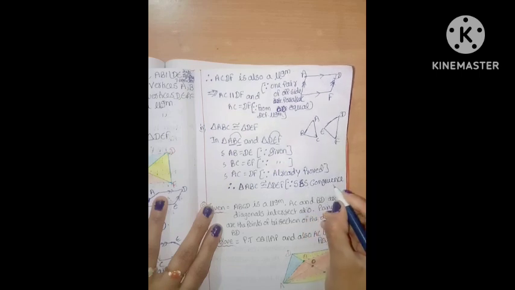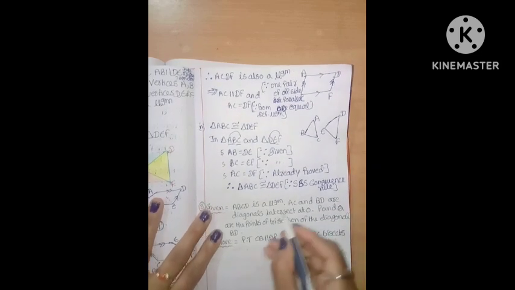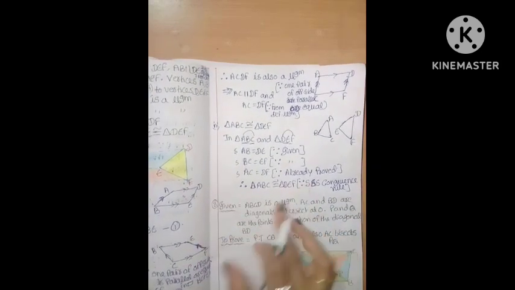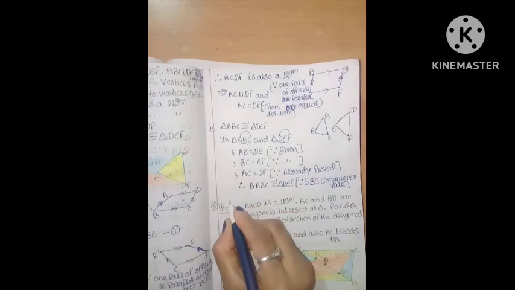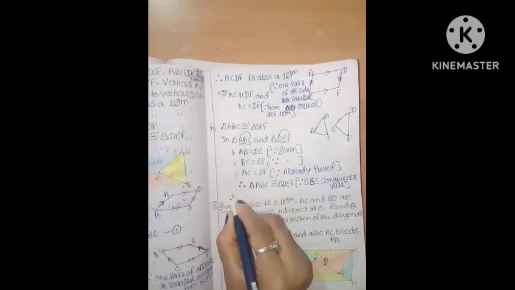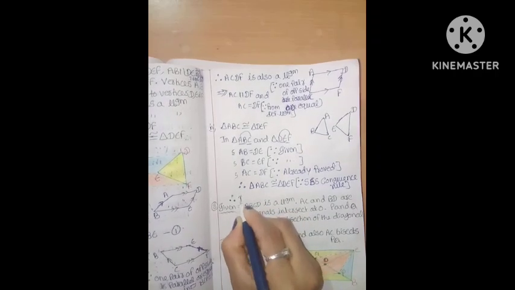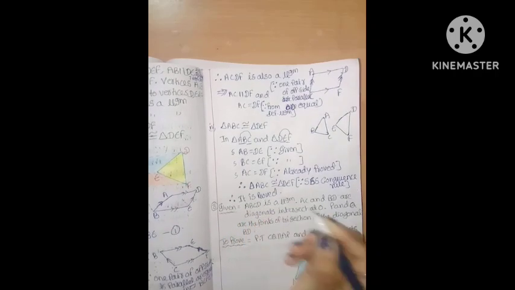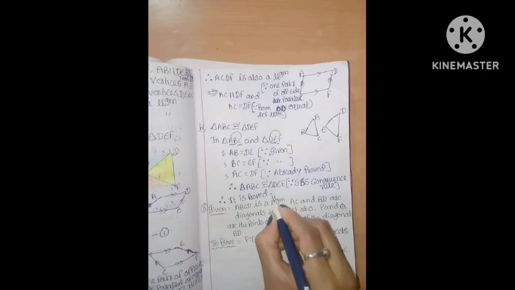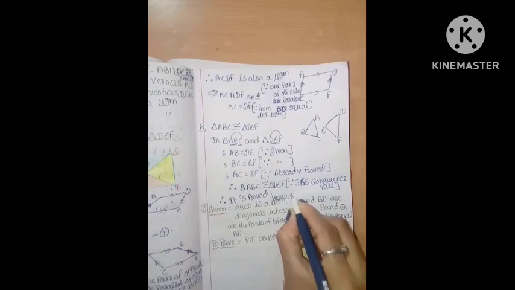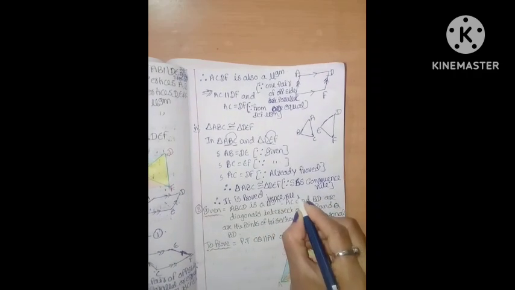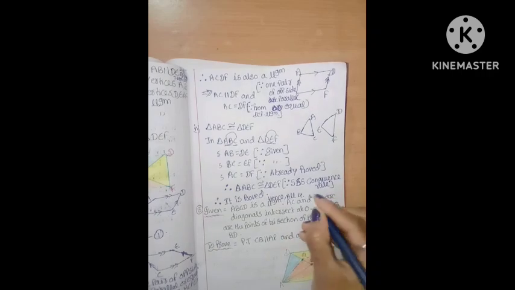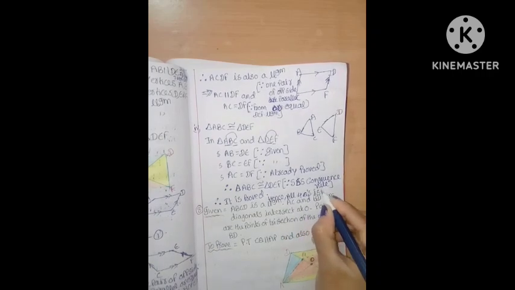According to the SSS congruence rule, these two triangles are congruent. So it is proved. Hence, all four questions are proved.